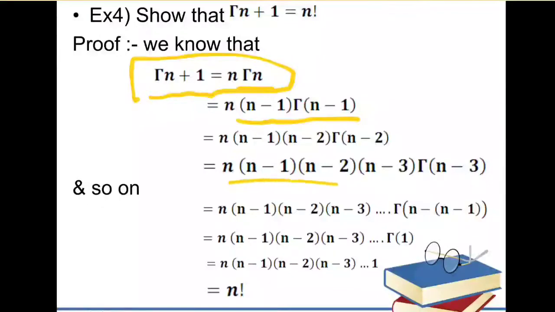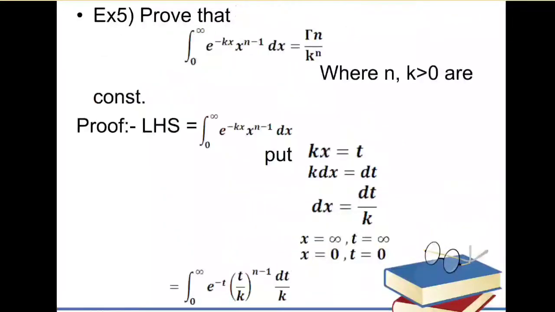If we continue doing this process, then lastly we get gamma of 1, because after reducing by 1 we get a negative term, and we know that for a negative term we cannot find the gamma. So after getting gamma of 1, we have to stop here, and we know the standard value of gamma 1 is 1. So it is a product from 1 to n numbers, that is, we can write it in the form of n factorial.